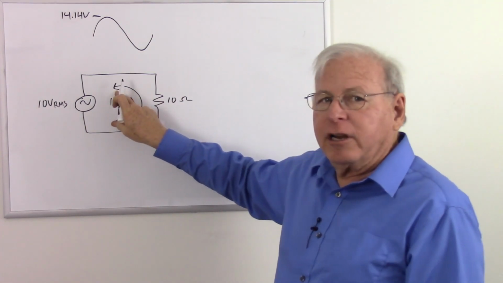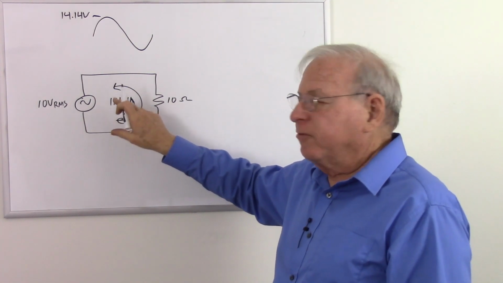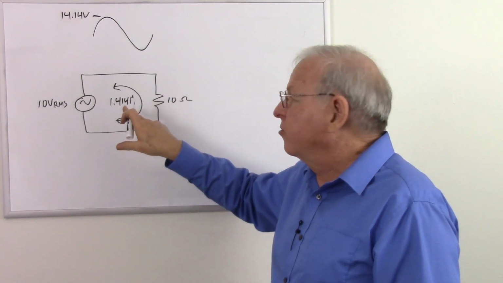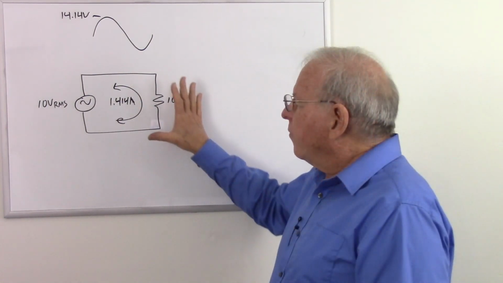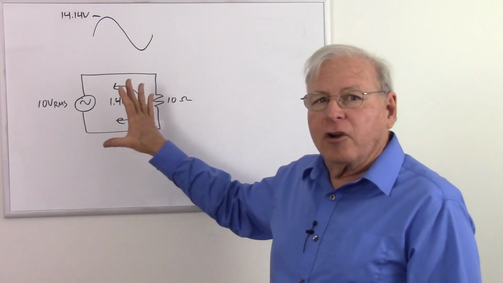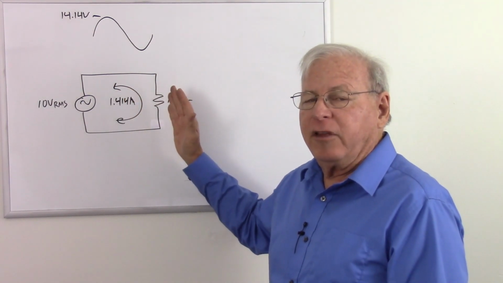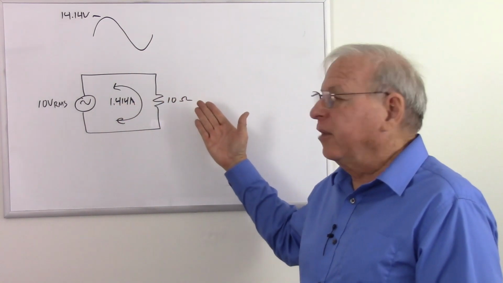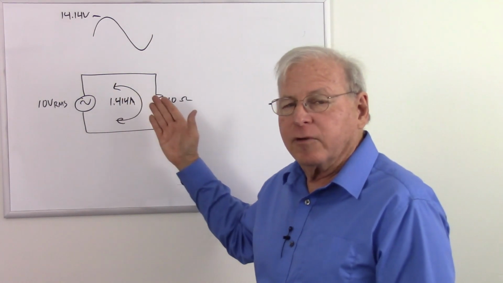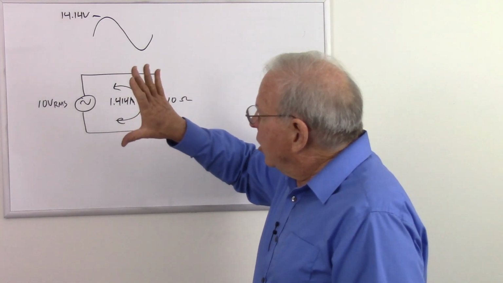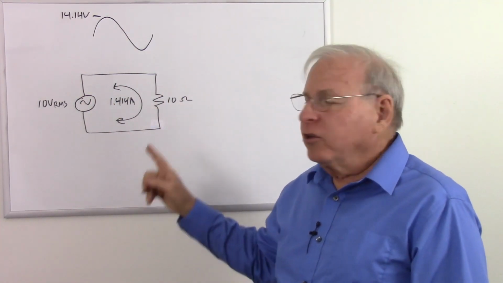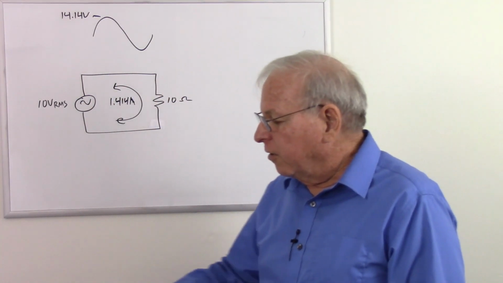So my current is going to peak at 1.414 amps, but my RMS amperage is going to be 1 amp. So if we freeze time, an alternating current circuit looks just like a DC circuit. You can only tell an AC circuit from a DC circuit if you let time go by and see what happens as time goes by. So you can apply Ohm's law to an alternating current circuit. We do it all the time.